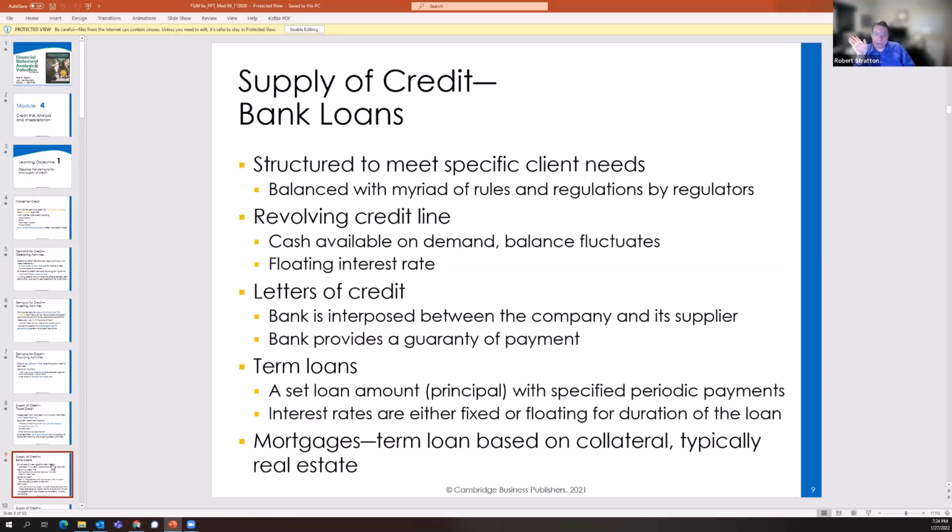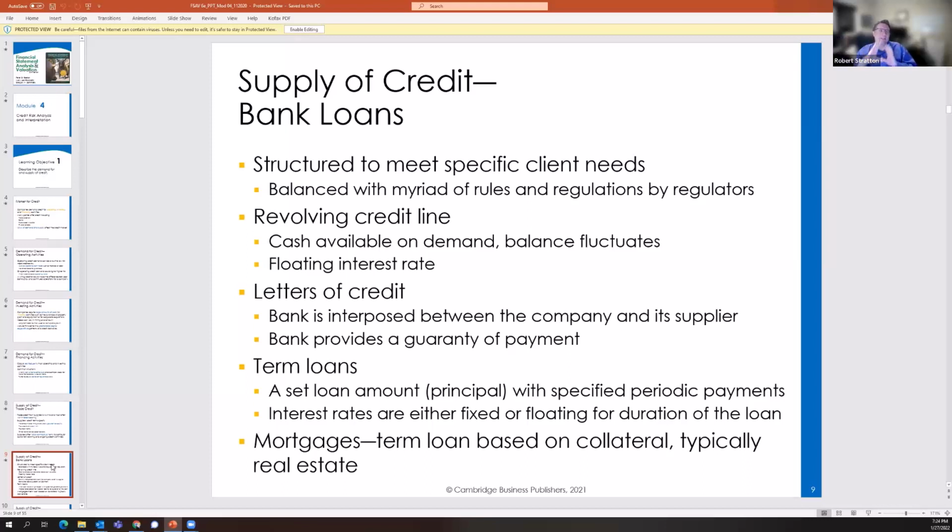Typical loan terms can be very dependent on the situation with business loans. There's a set loan amount, but periodic payments and periodic interest rates. Then mortgages. Commercial mortgages are different from home mortgages, but it's the same kind of thing. You put up the building as collateral.